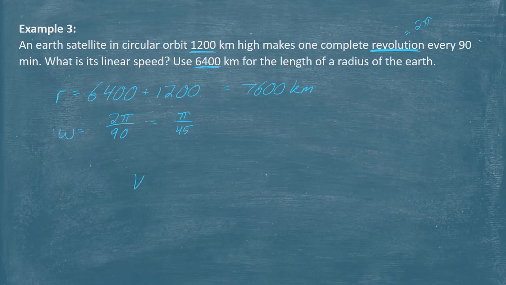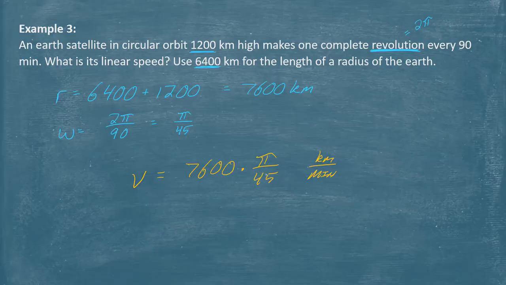So to come up with what my actual linear velocity is, I'll go ahead and change color here really quick. My linear velocity would be whatever that radius is, 7,600 times pi divided by 45, and this would be in kilometers per minute, since those are the given units.